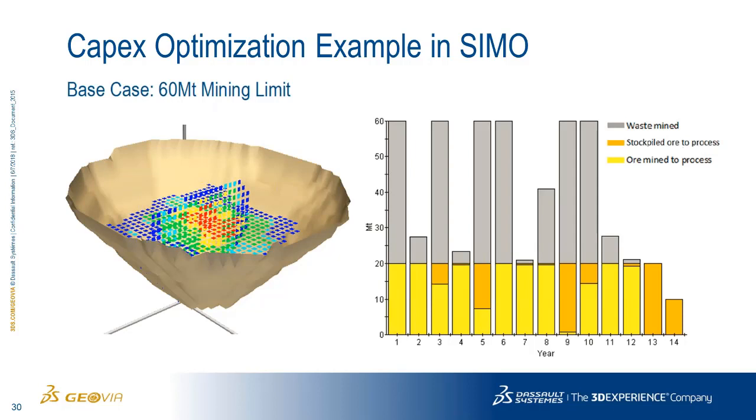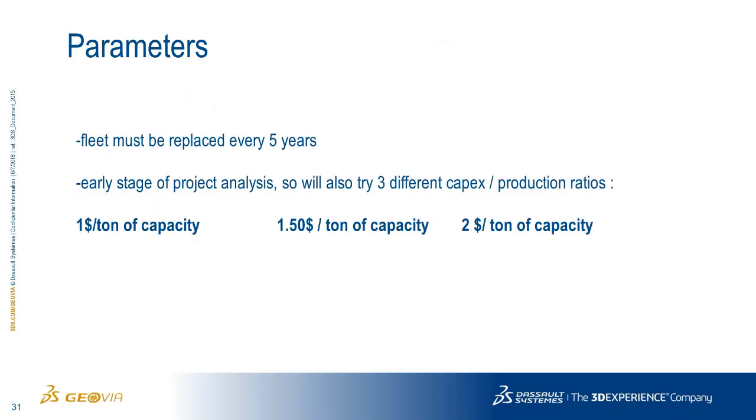I'm going to have to try different scenarios, okay, to see, does the added cost of that extra capacity get paid back by greater cash flows, okay? So I would have to try that manually, and we'll see how this can now be done directly inside of SIMO automatically.